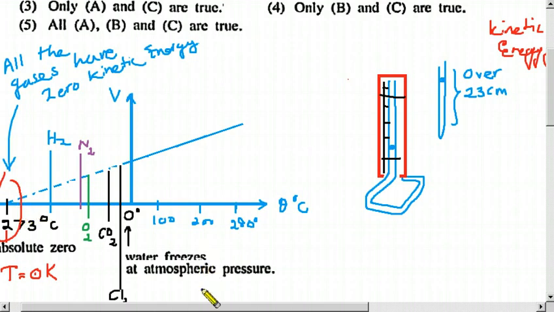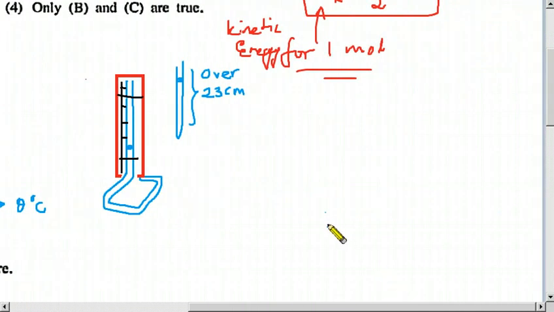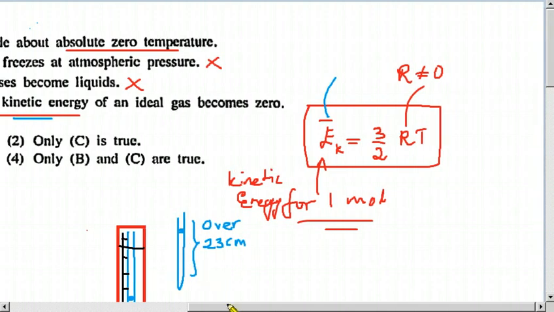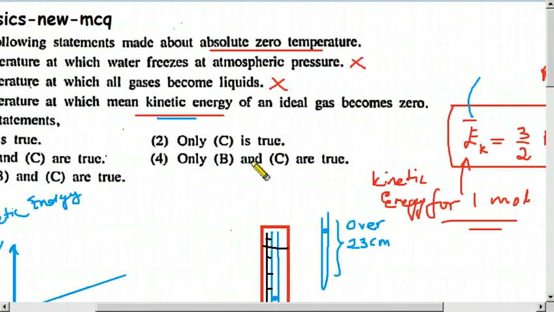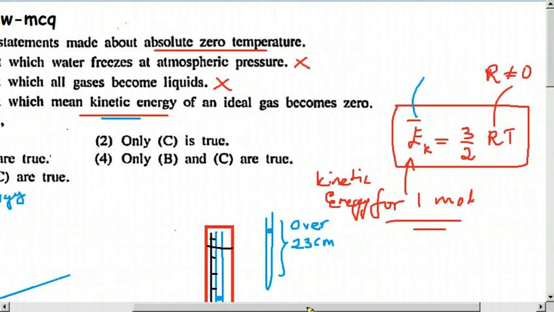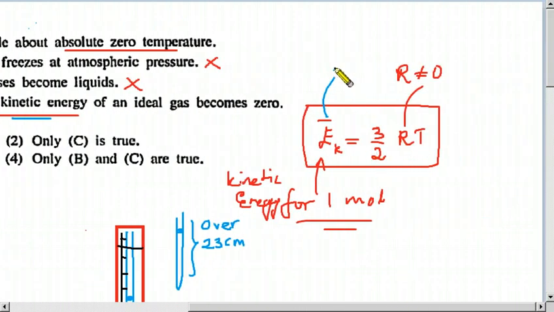At absolute 0, all the kinetic energy is 0. That is what they say in the question: the kinetic energy of an ideal gas becomes 0. So for this to go to 0, the temperature must go to 0.